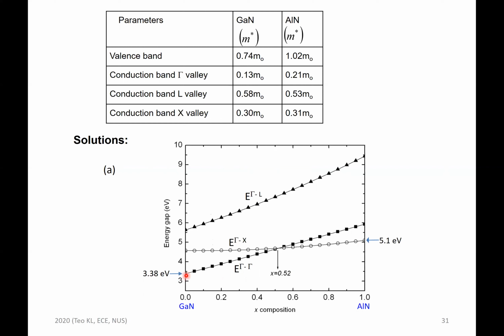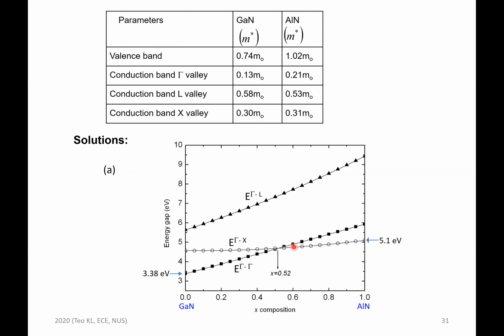So you can see from the graph, E gamma gamma is the lowest energy up to x goes to 0.52, where it intersects the E gamma X curve. And then E gamma X becomes the lowest energy all the way to x goes to 1. Remember, E gamma X is the top of the valence band measured from the bottom of the conduction band of X value. And now this is the lowest, which is the minimum.